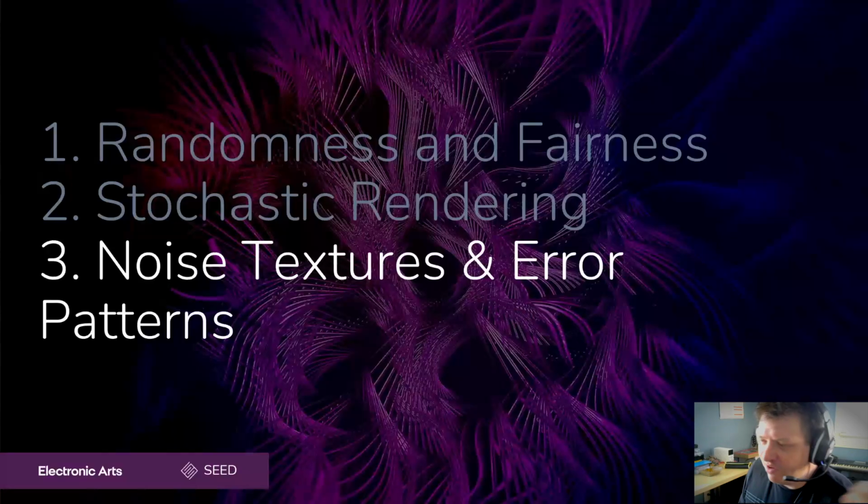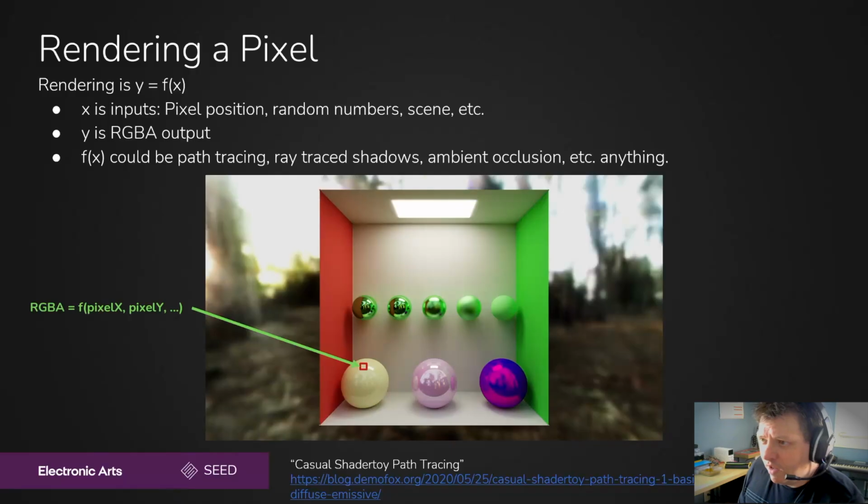And so that leads us to our third and final section, which is on noise textures and error patterns. Okay, so stepping back from rendering for a moment, as a high-level overview of what rendering is, we can see a single pixel, rendering that pixel, as evaluating a function y equals f of x.